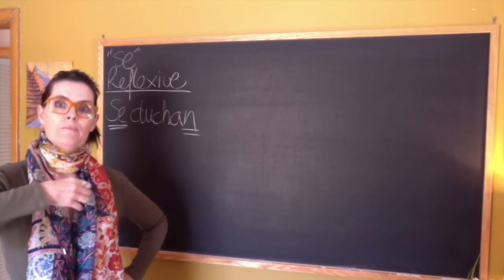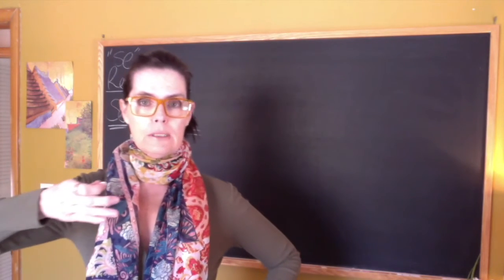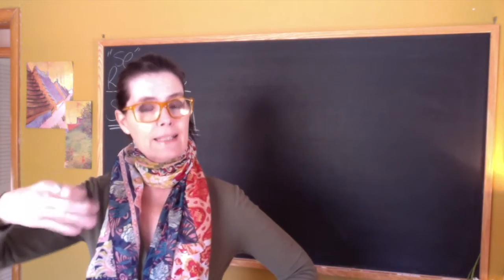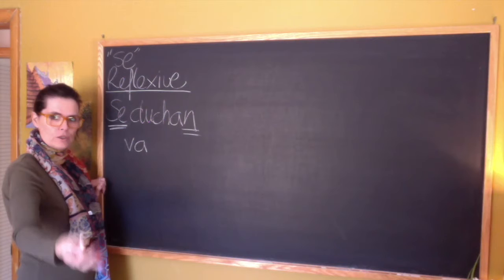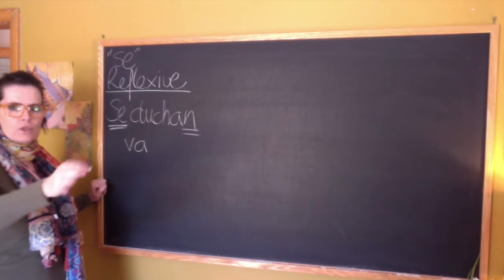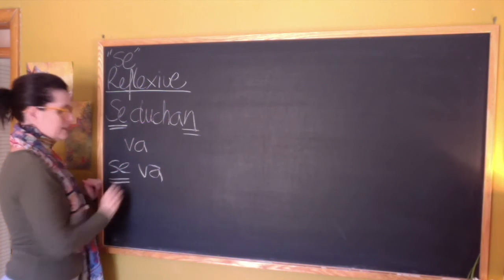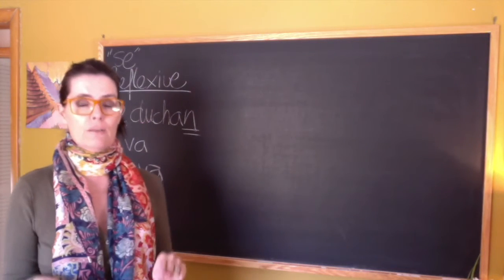Even sometimes it meant something different with a verb like to go: va a la biblioteca, he goes to the library. But se va, when you added the reflexive, it meant leaving. So sometimes adding the reflexive changed the meaning.